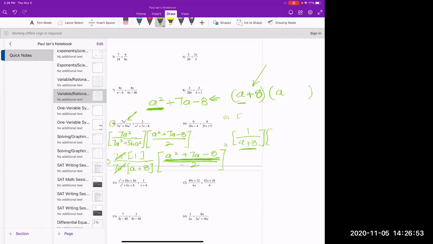So let's see what happens. You have a squared here because you have to distribute this guy. When you distribute that, you have a squared plus 8a, an extra 8a. But what do you have next? You have 7a. How do you get 7a from 8a? You have to subtract something.